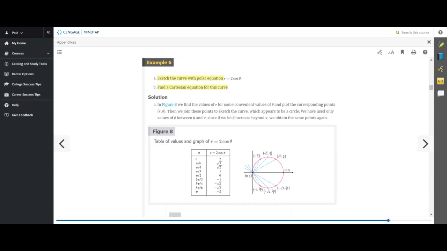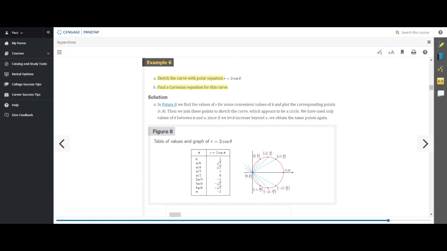For y equals x squared, you might let x equal -2, -1, 0, 1, and 2, and then find the y coordinates and plot the xy coordinates to graph out your parabola. It's no different with polar coordinates.